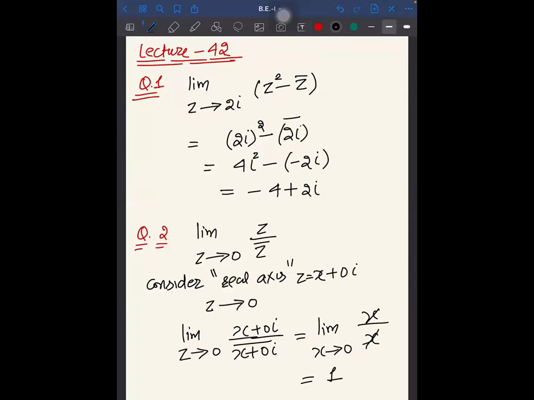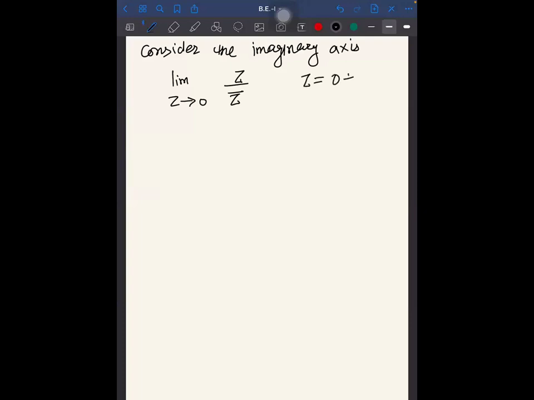Now consider the imaginary axis only. Limit z goes to 0, z upon z bar. Now you choose z to be 0 plus iota y. Your z is already going to 0, so 0 plus iota y going to 0 means y goes to 0.